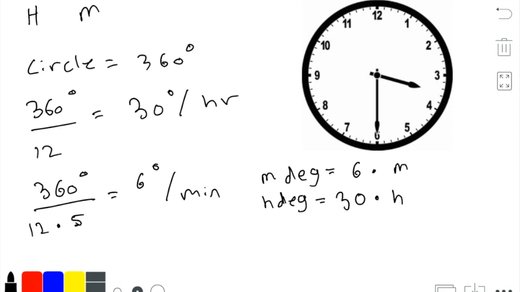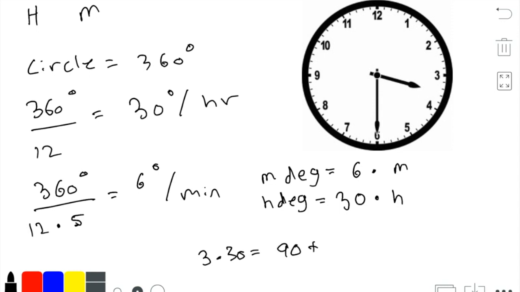Now in order to account for this, we can look specifically at the 3:30 example. For the hour hand, we have 3 times 30, which is equal to 90, plus some extra.